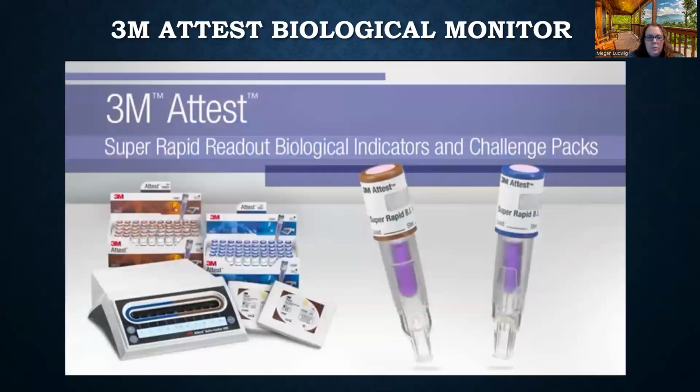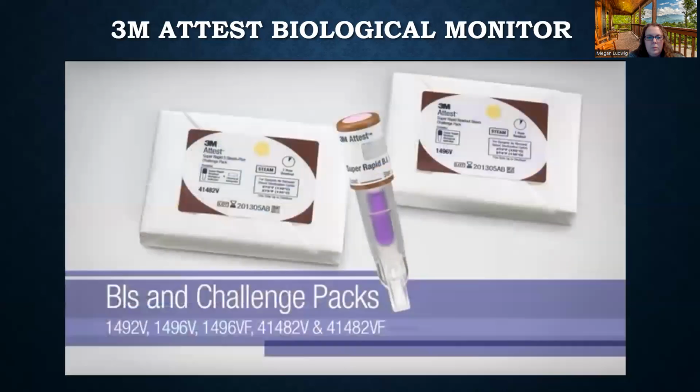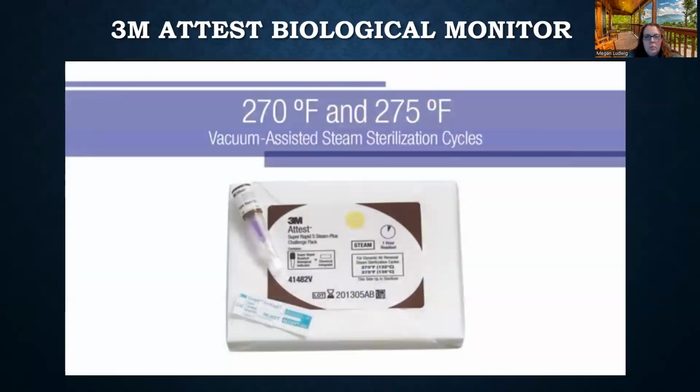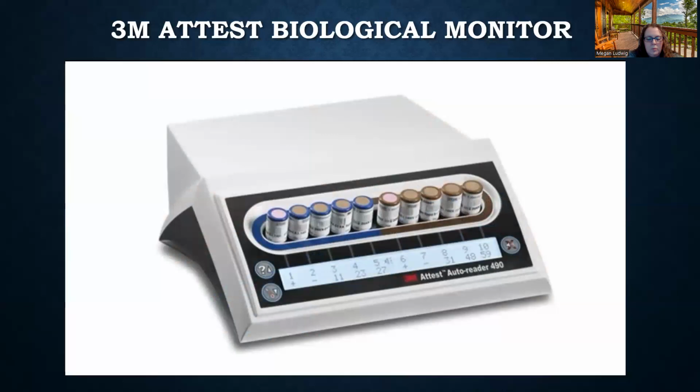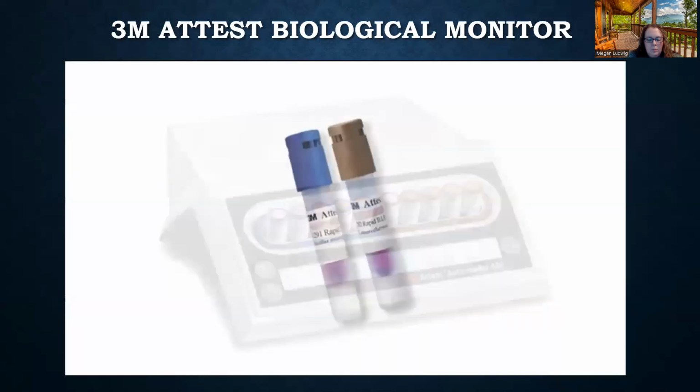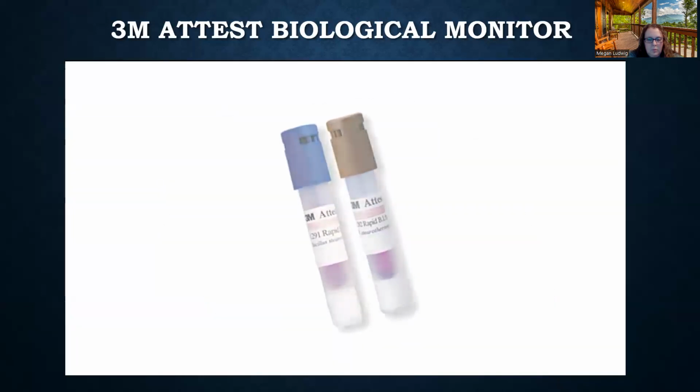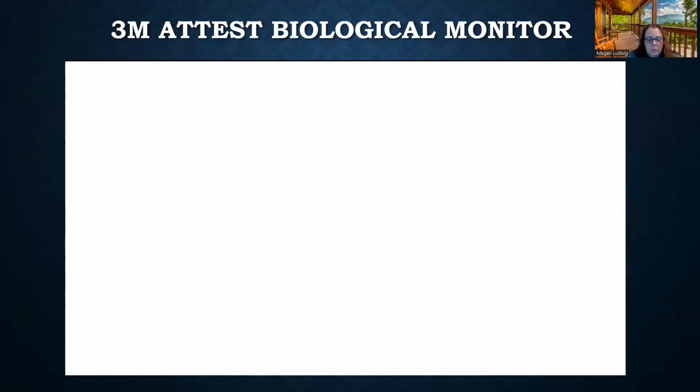The system includes biological indicators and challenge packs. 1492V brown cap BIs and associated challenge packs monitor 270 degree and 275 degree Fahrenheit vacuum-assisted steam sterilization cycles. The system also includes the 3M A-Test Auto Reader 490, designed to incubate and automatically read the results of 3M A-Test Super Rapid Readout BIs. Other biological indicators are not compatible and cannot be used with this auto reader.